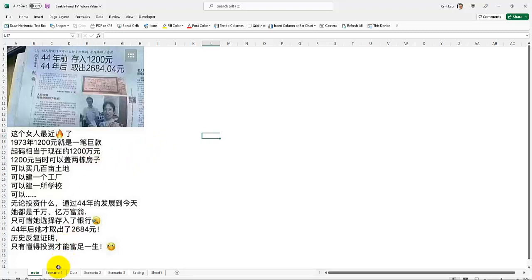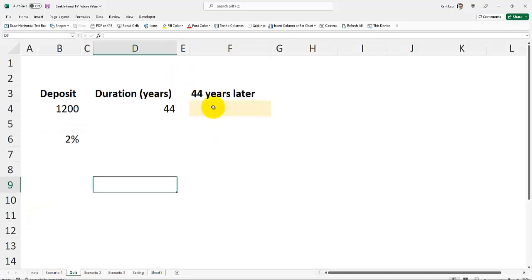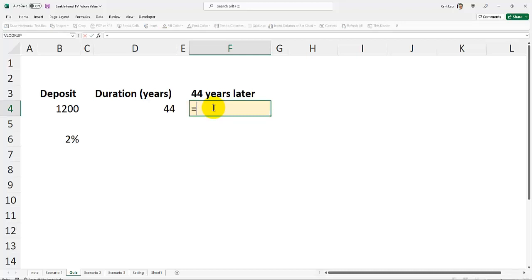Now let's take a look at what we can do with this. So is that true? Well, you can ask Excel to find out for you. The function is called FV, future value.